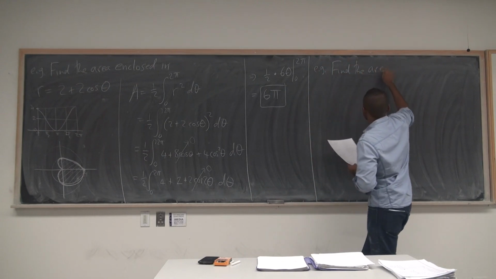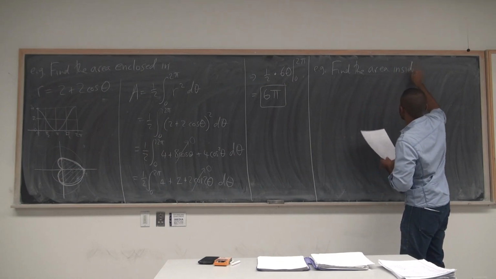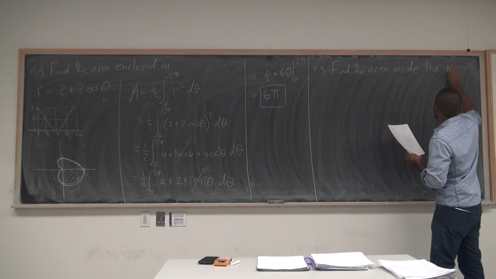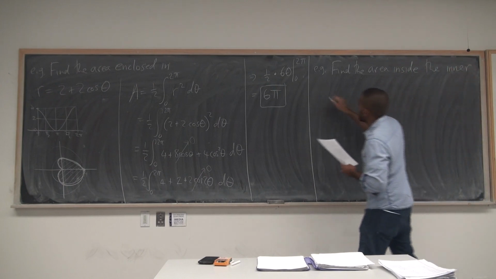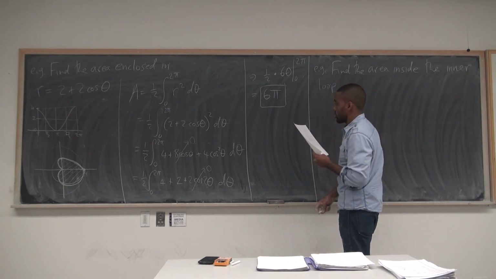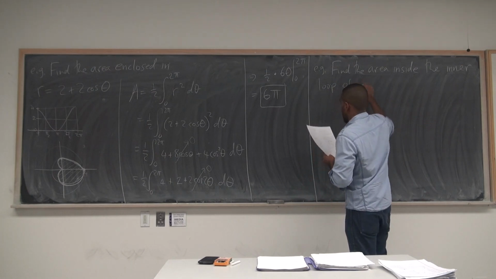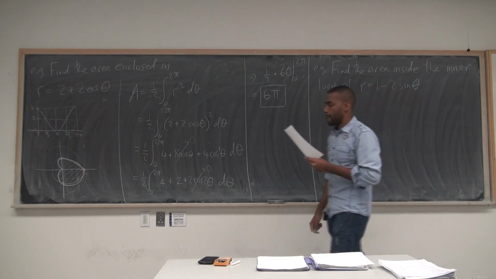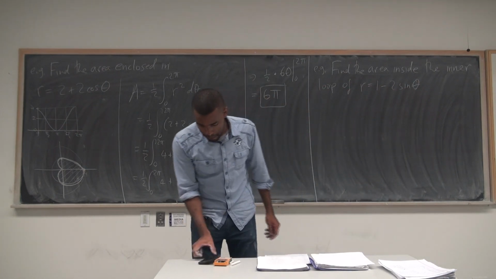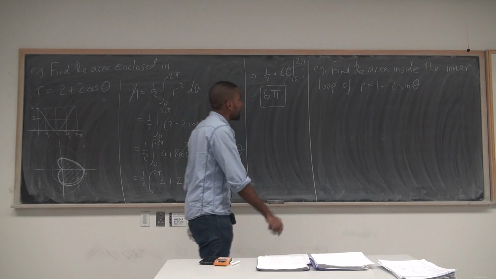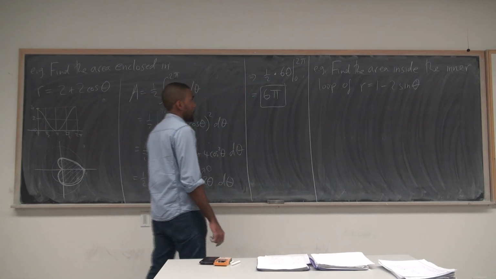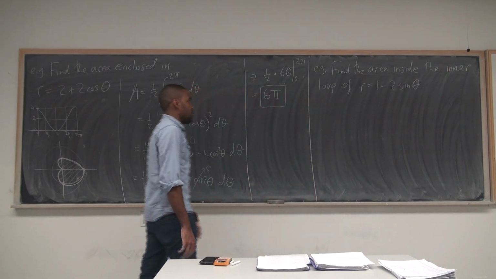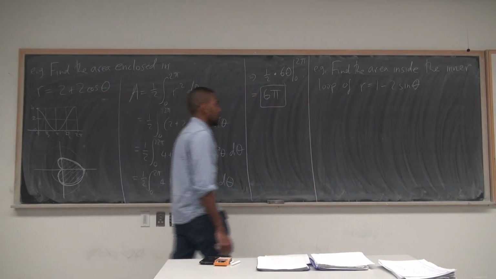Find the area inside the inner loop of r equals 1 minus 2 sine theta. So now we have to figure out the bounds for the inner loop, basically.